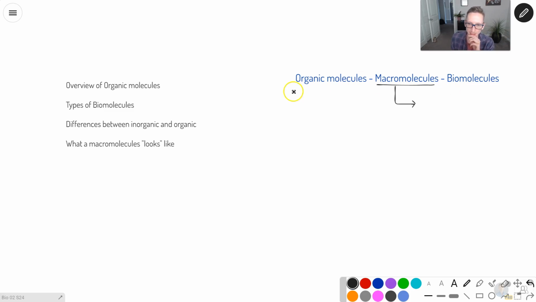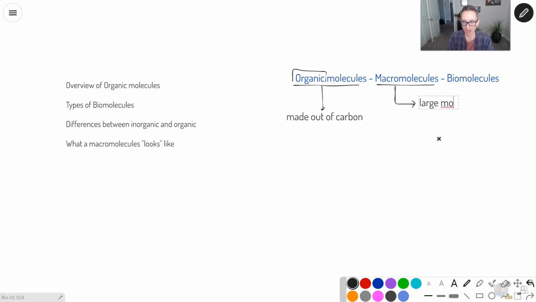What does it really mean? Well, organic, we've talked a little bit about this. It just means it's made out of carbon. That's essentially what organic means. Macromolecules for this case just means large. That's what macro means.